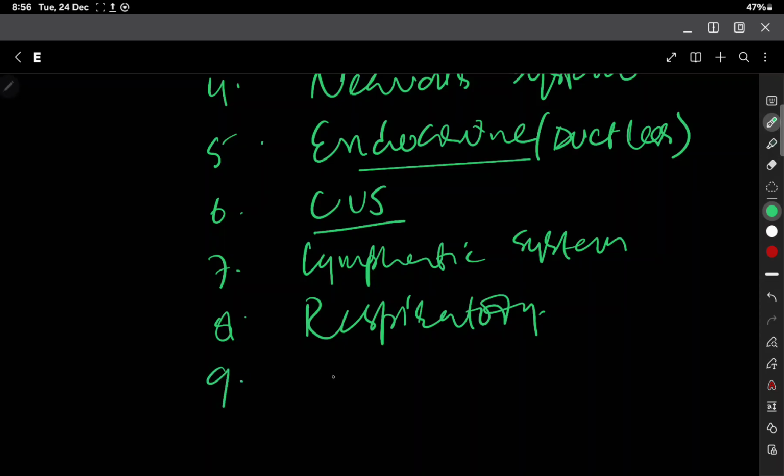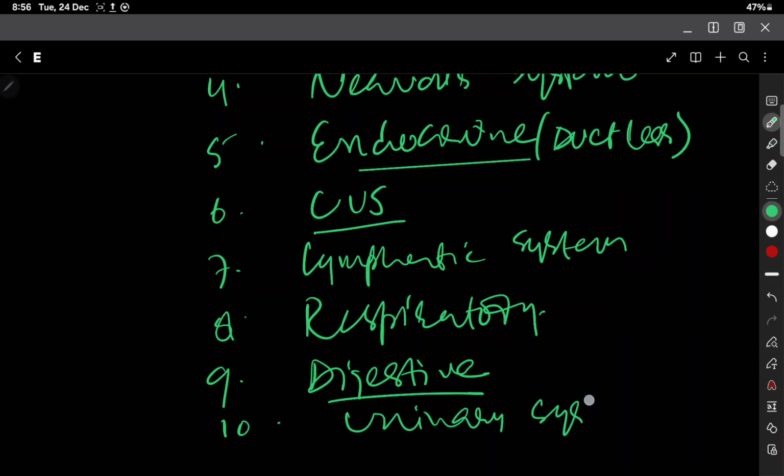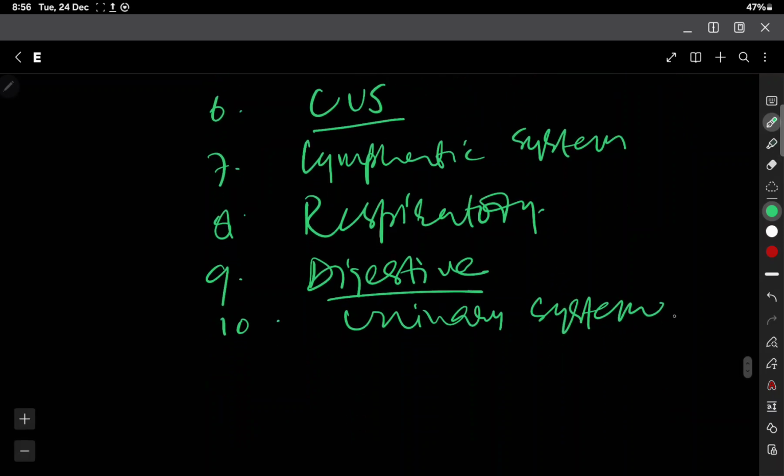Okay, then there is digestive system, which includes mouth, esophagus, stomach, small intestine, large intestine. Okay, then there is urinary system, where we will study about the kidneys, urinary bladder, urethra.